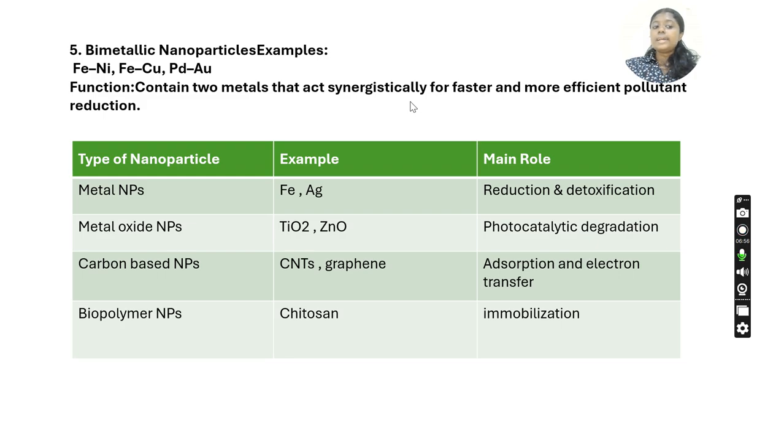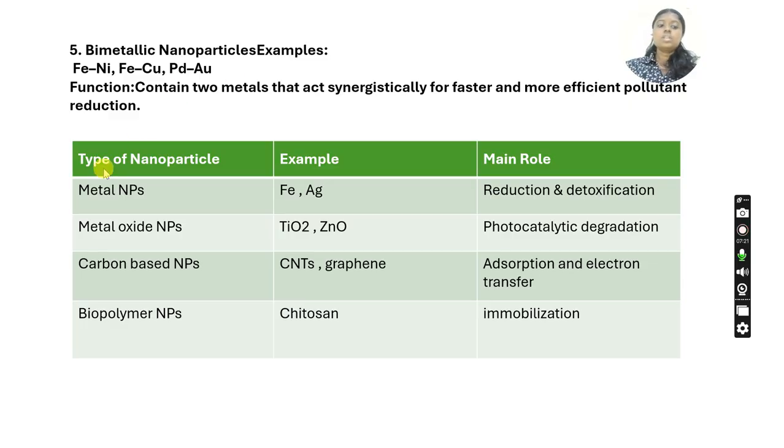So as I said, they are the combination of two metals, so they act synergistically for faster and more efficient pollutant reduction. So they act mutually in the same process, so they can make the process faster and more efficient.